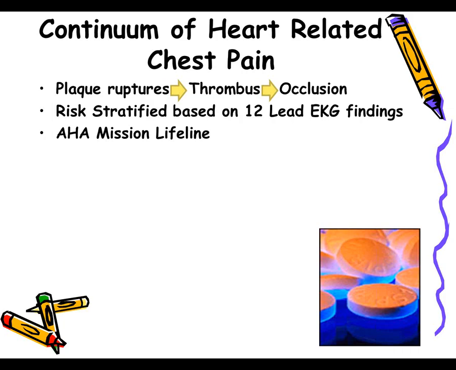So this Mission Lifeline through the American Heart Association will have money available over the next 3 years with the hope of putting 12-lead ECGs in all transporting ambulance services. They'll start with those that need them the worst and then work their way up. And what they'll be offering are grants of $25,000.